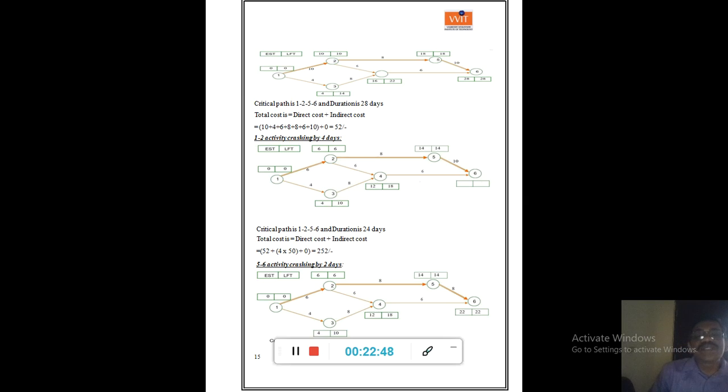The total cost is direct cost plus indirect cost. What is the direct cost here?